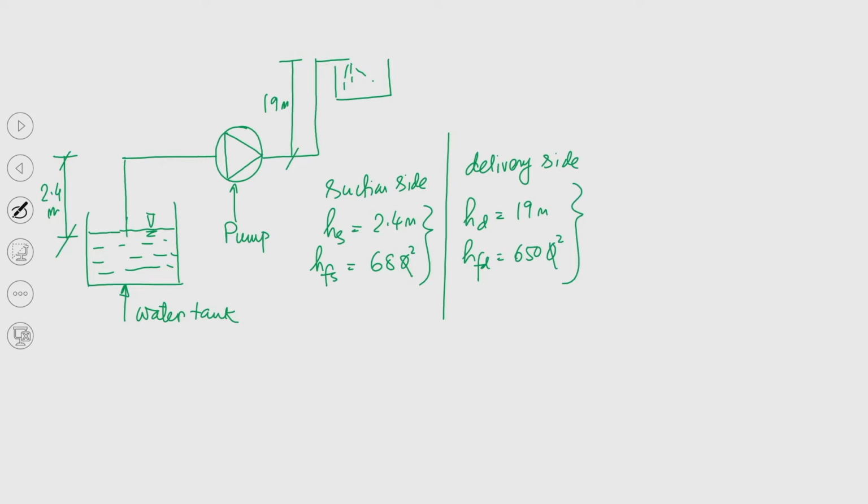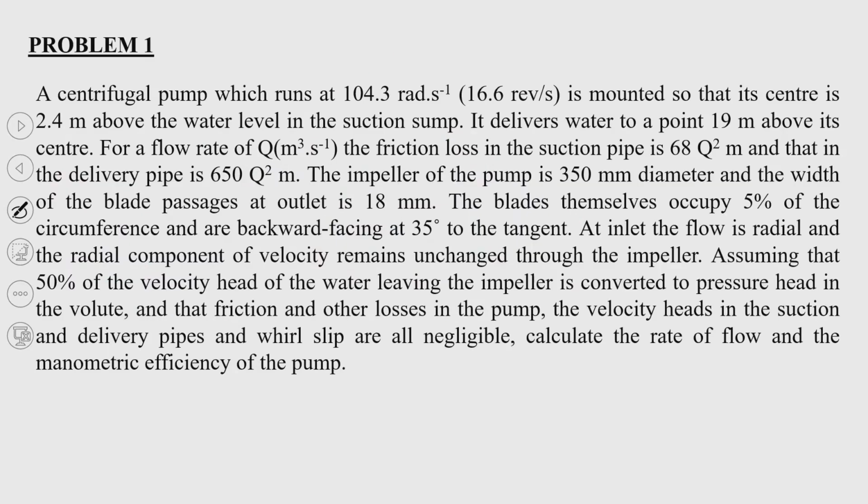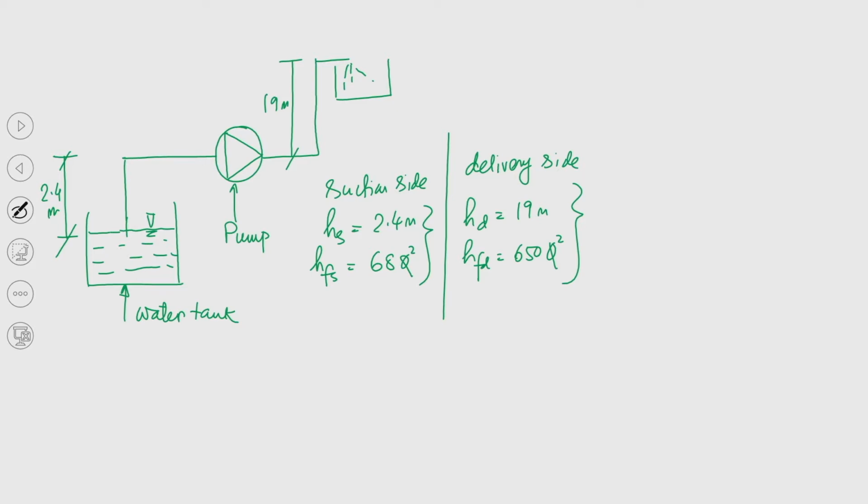Okay. Now, the impeller of the pump is 350 mm diameter and the width of the blade passage at the outlet is 18 millimeter. Okay. So, now if we try to draw the pump impeller, because this is a schematic depiction.